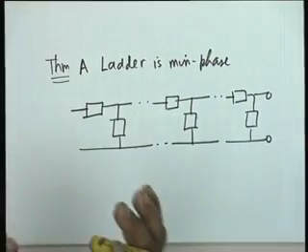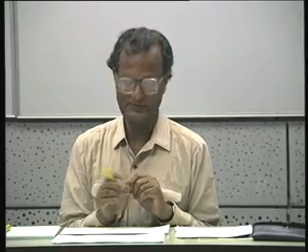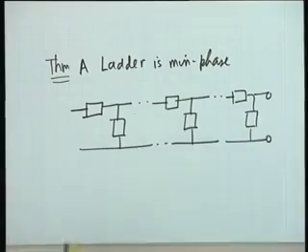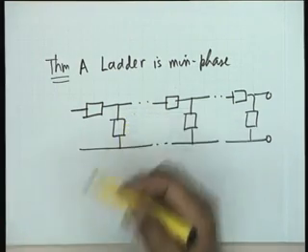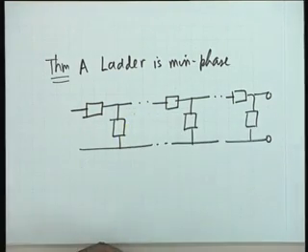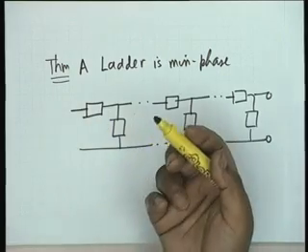All that you require to prove is that the zero of transmission of the ladder is always in the left half plane. Poles, no question, poles have to be in the left half plane. Okay, it's only the zero of transmission. Now, how can a ladder block transmission? Two things can happen. Either a shunt element can be a short circuit or a series element can be an open circuit.